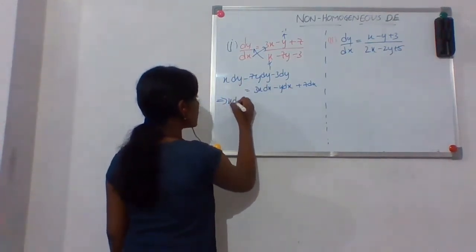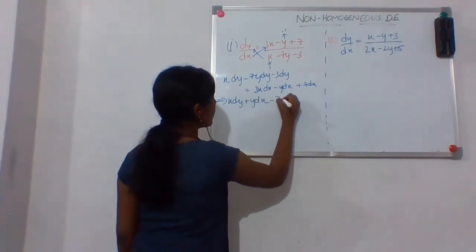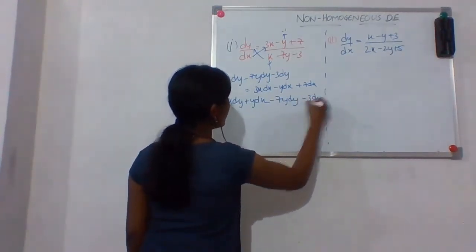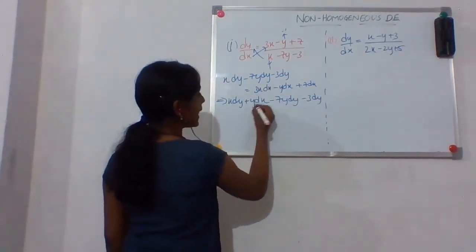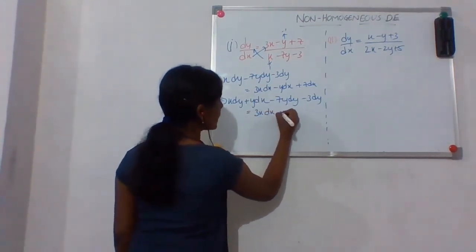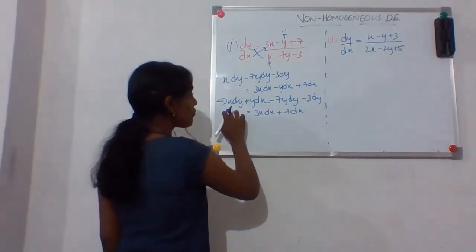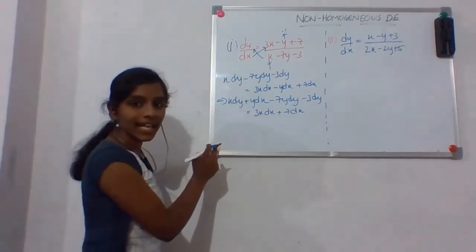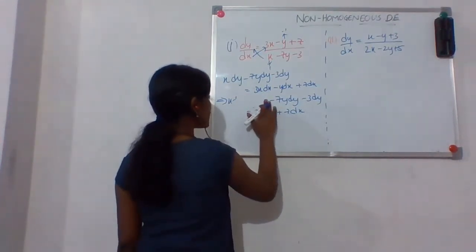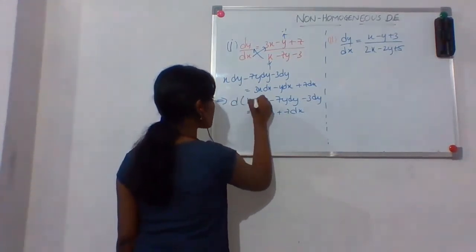So x dy plus y dx minus 7y dy minus 3 dy, and I'm going to put it the same way, 3x dx plus 7 dx. So instead of x dy plus y dx, I'm going to write d of xy.